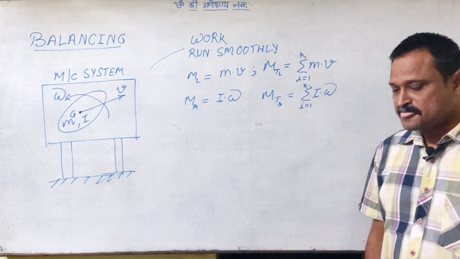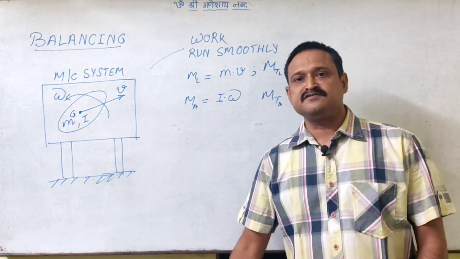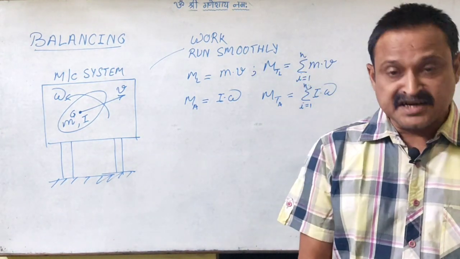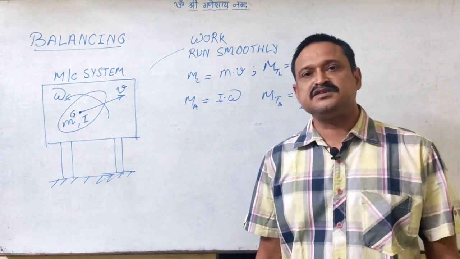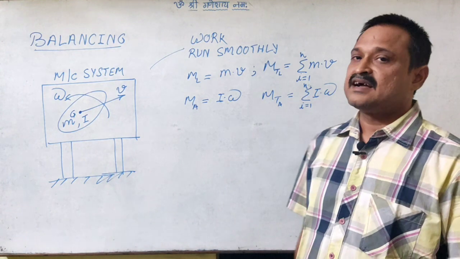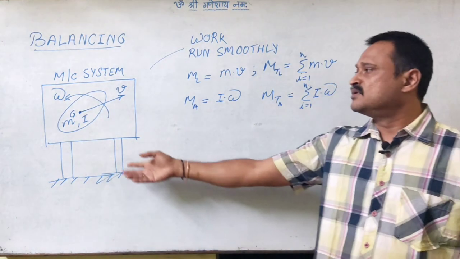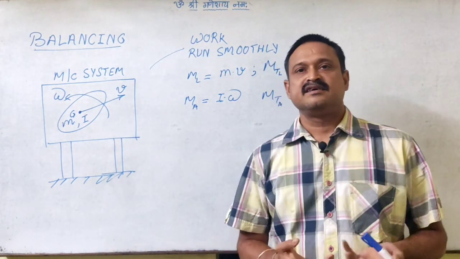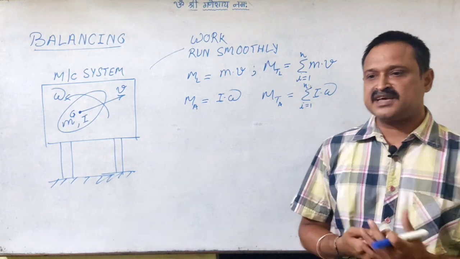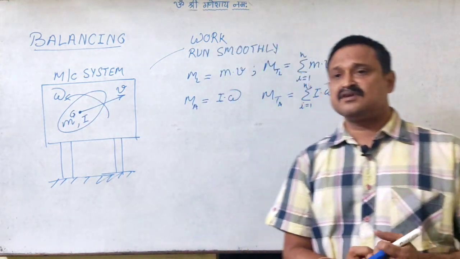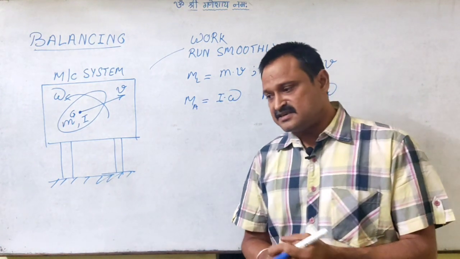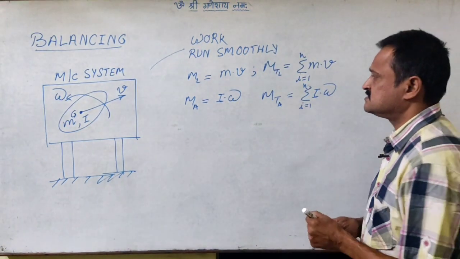Now if this remains constant, then there will be no inertia force in the system, because we know the rate of change of momentum will introduce a force in the system, which is called the inertia force. And we know these components which are there in a machine or a mechanism, the velocities and angular velocities, they do change.